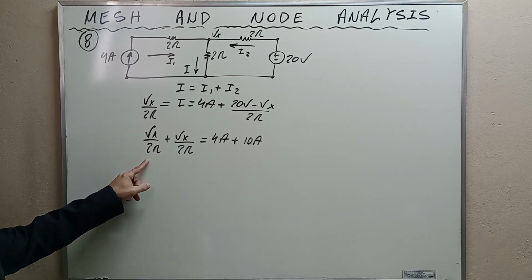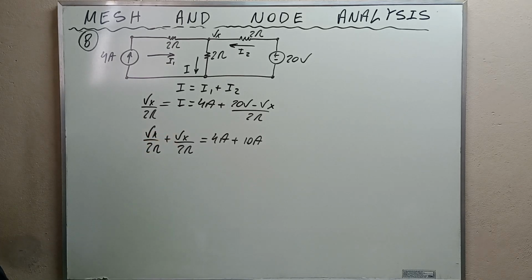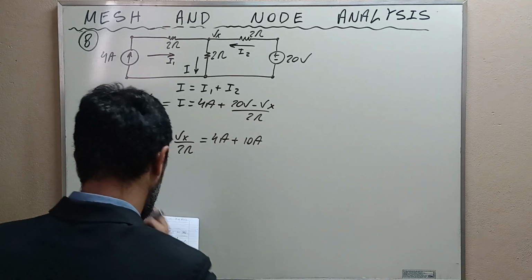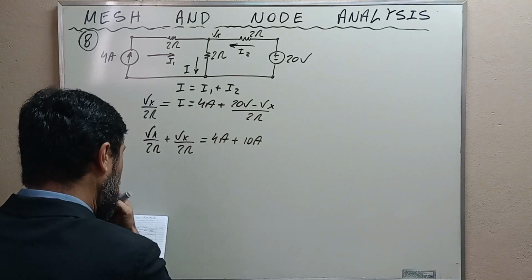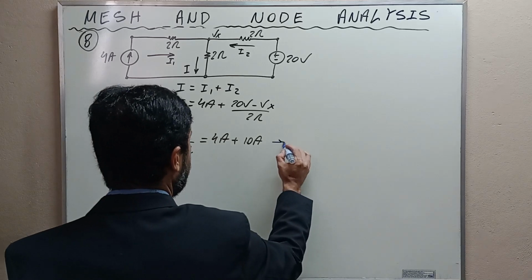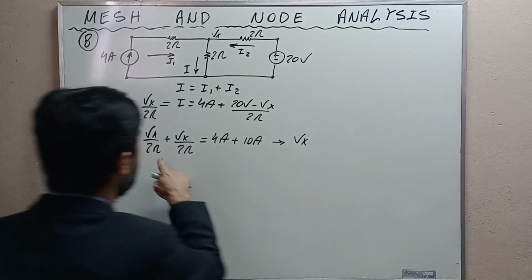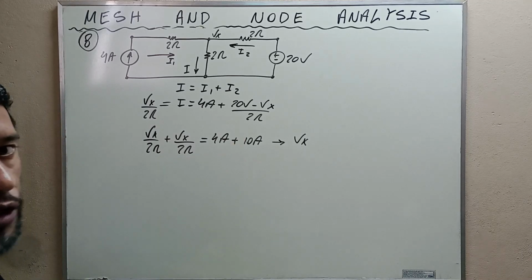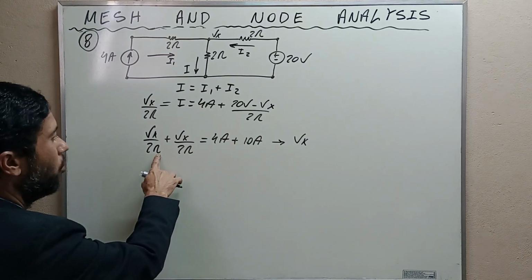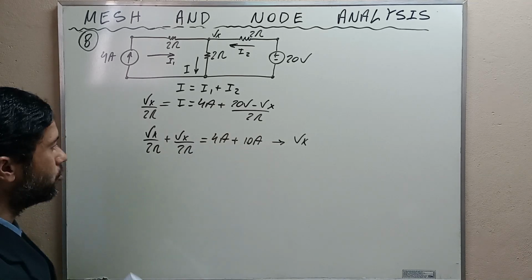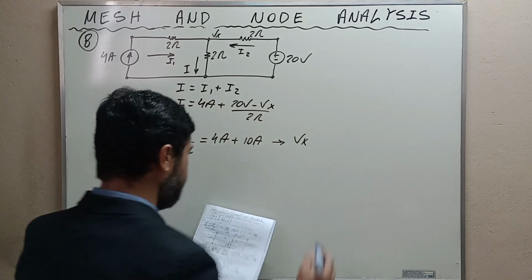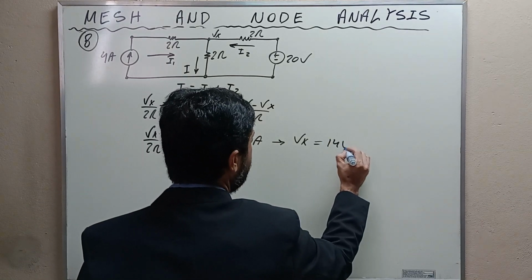Vx over 2 plus Vx over 2 is equal to Vx. But we have this ohm here passing to the other side, it becomes voltage, okay? Ohms times amps is voltage, alright? Then we solve and find that it is 14 volts.